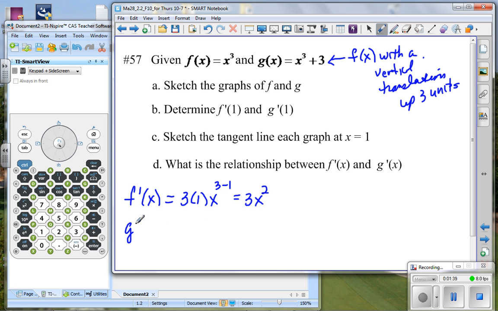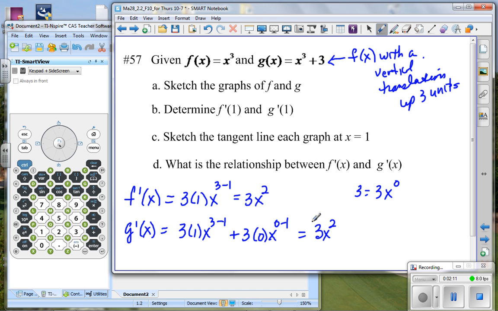And the derivative of g of x would be the same thing for the first term, plus 3, and remember the 3 here has an x to the 0 attached. 3 is the same thing as 3x to the 0, so this would be 0 times x to the 0 minus 1, or simply 3x squared. Interesting, these are the same thing.